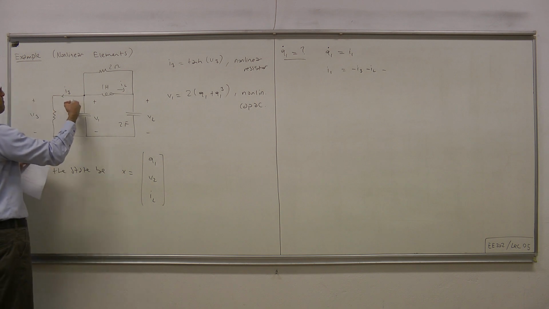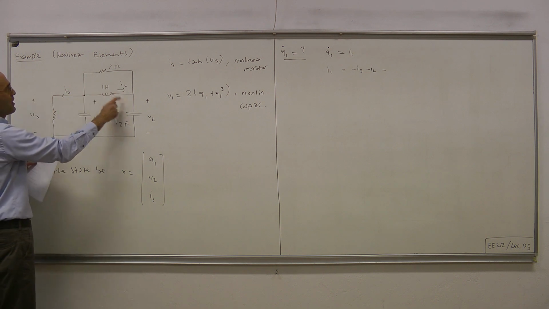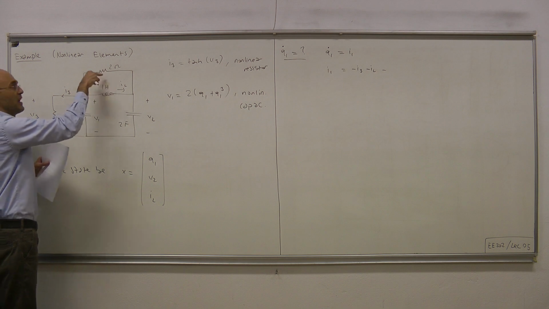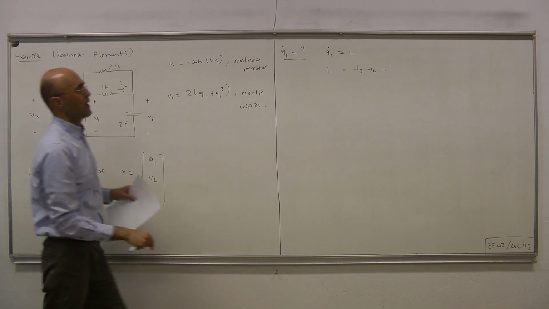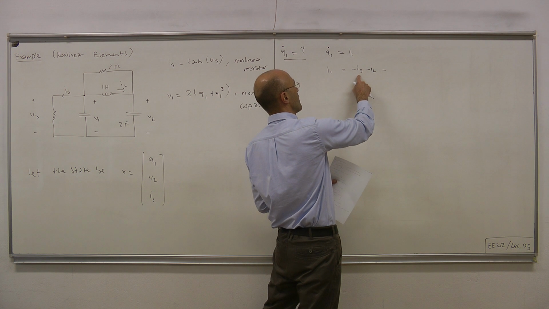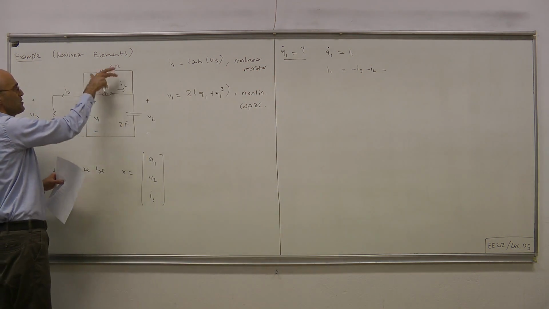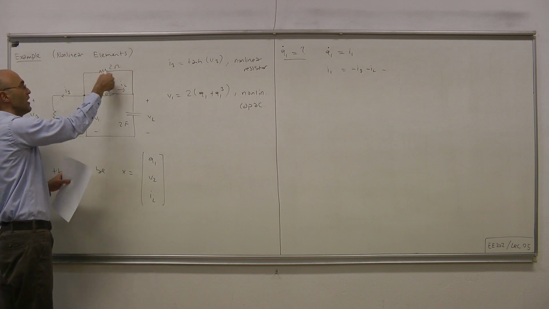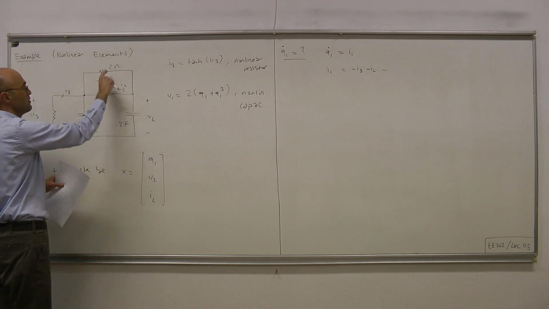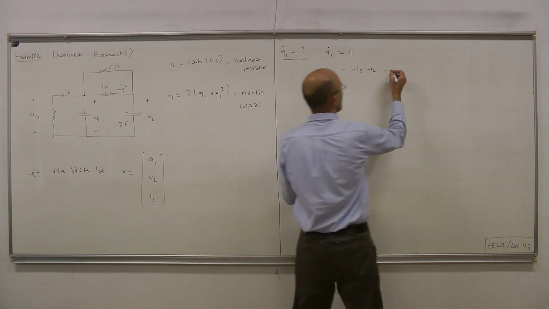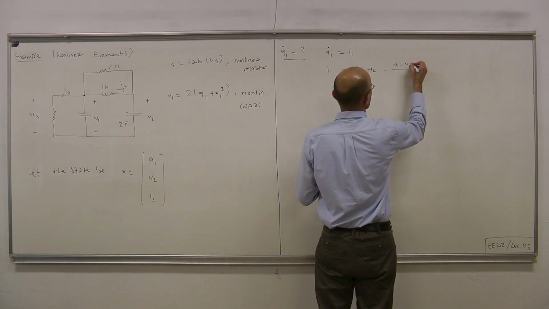So we're talking about I3, IL, and the negative of this current. We already have written I3 and IL, and finally we have this current, which is simply the voltage drop across the resistor divided by 2, which is V1 minus V2 over 2.